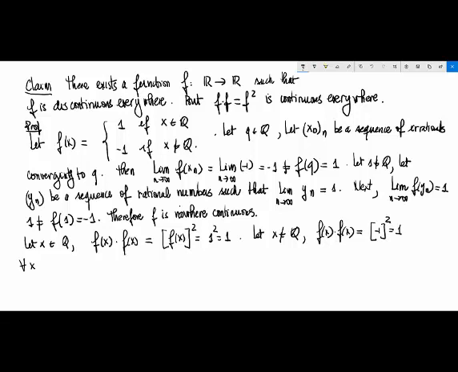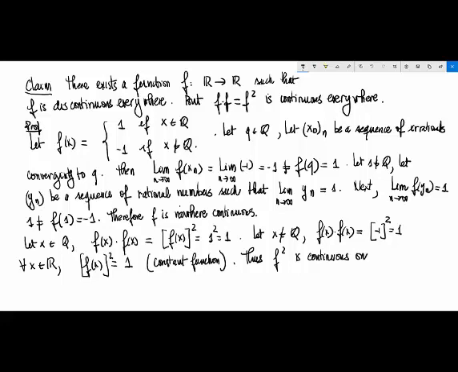So for any real number x, f of x square is the constant function 1. Thus, the square of f is continuous on all real numbers. Right, so that's a nice example of a function which is nowhere continuous, somehow its square is continuous everywhere.